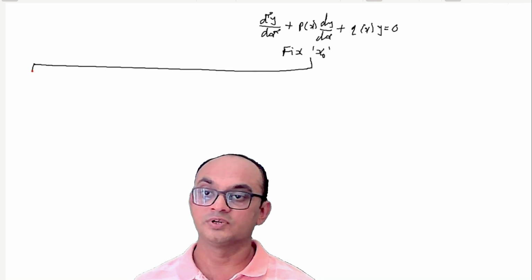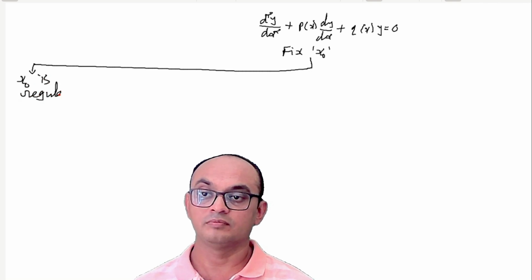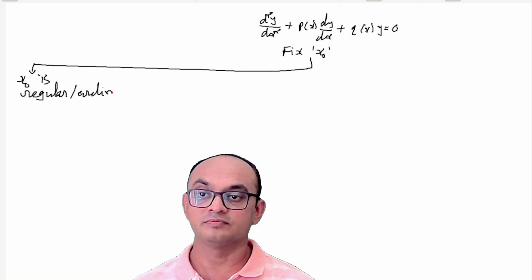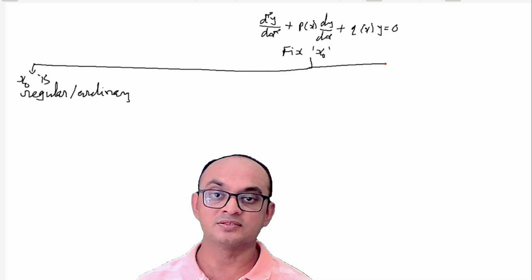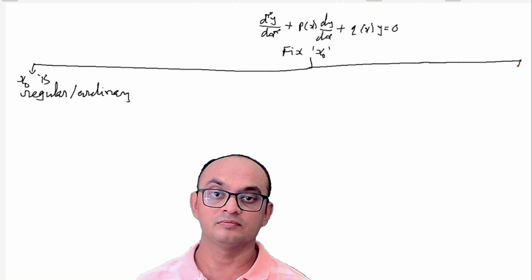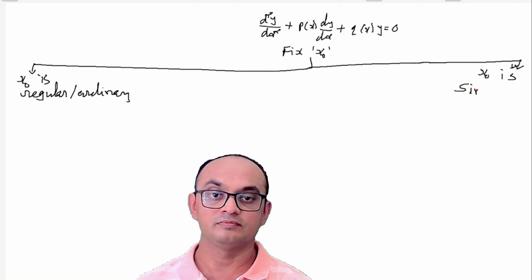Either x0 is a regular point or an ordinary point, or on the other side, x0 is a singular point.